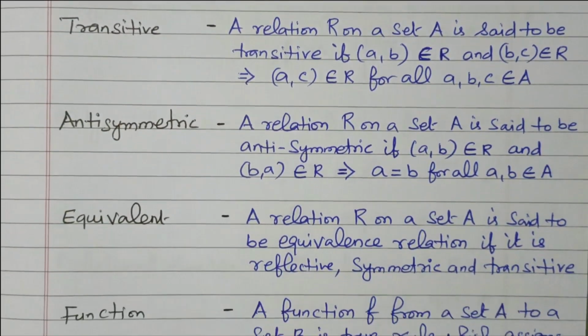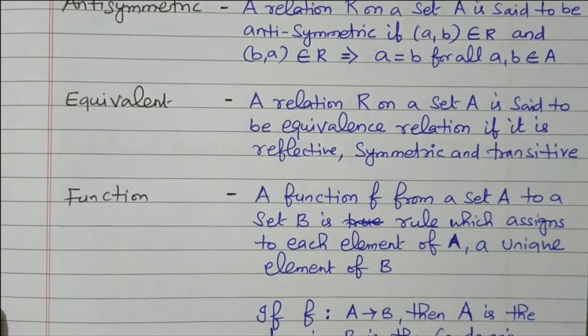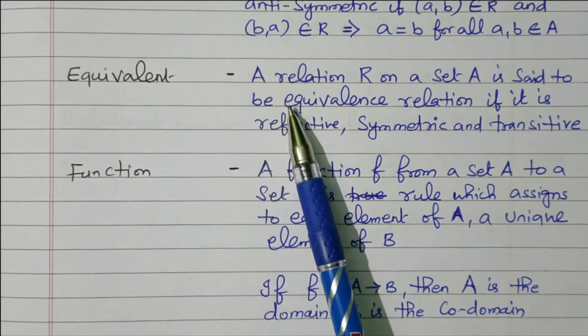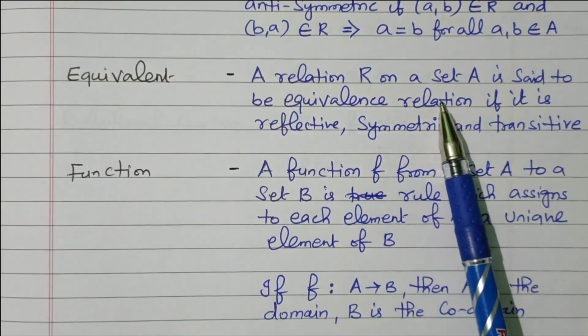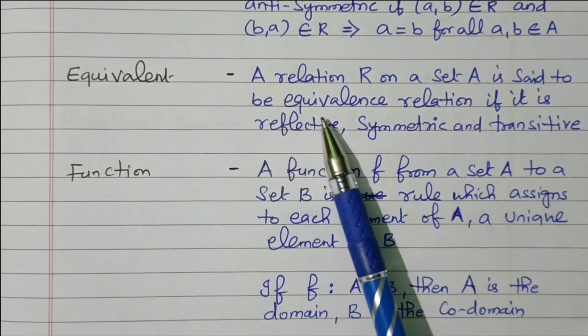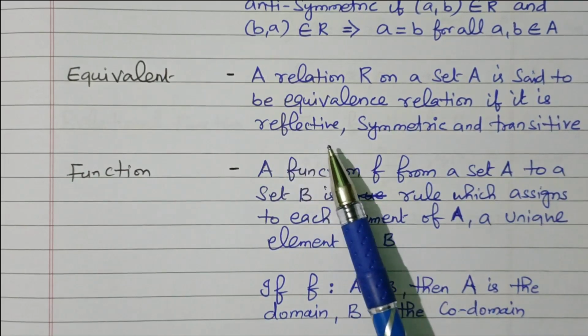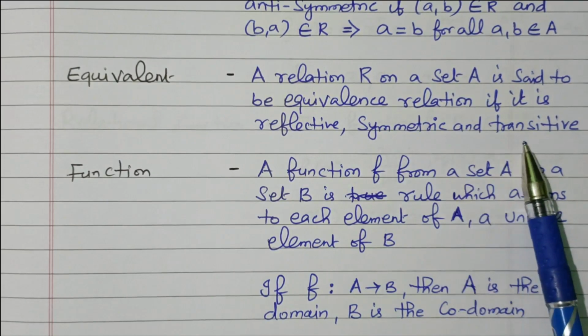Next we will see the equivalence relation. We will see another two more types available. A relation R on a set A is said to be an equivalence relation if it is reflexive, symmetric and transitive.